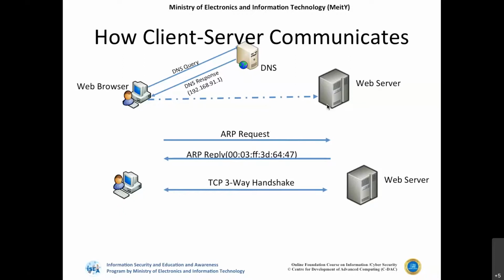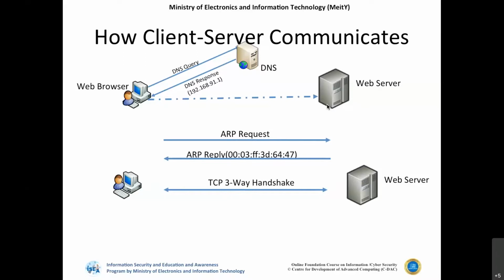Let's say in this case, I got an IP address, I got a physical address. Now I've understood that the web server is at that IP address. Then it immediately sends a synchronization packet, asking whether the website is available at your side. That's what the client would be sending.